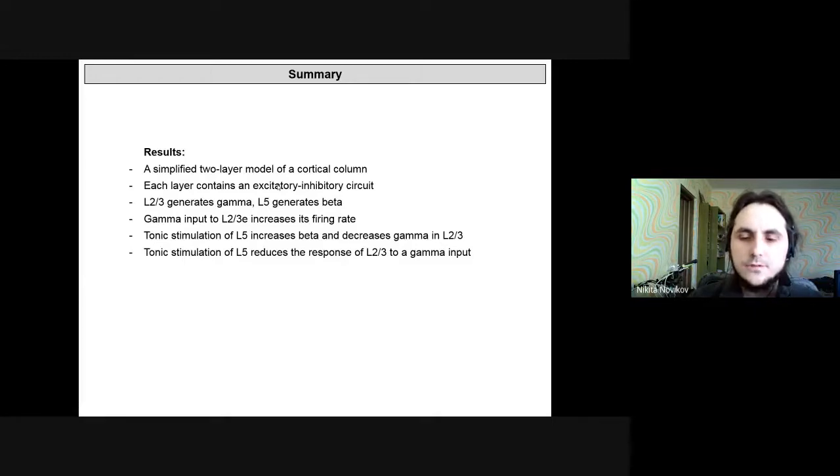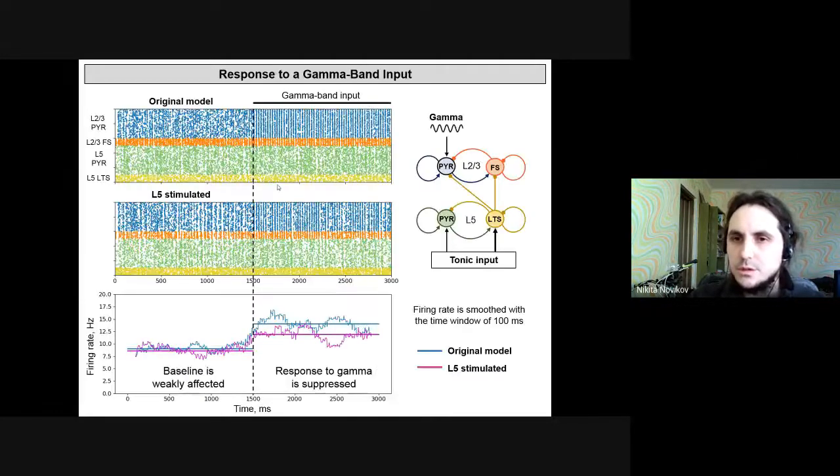And for the future, what should be done next is I want to find the parameters to stimulate the deep layer, not by tonic input, because in this case, this beta activity is in fact epiphenomenal. It is not directly involved in gamma suppression.